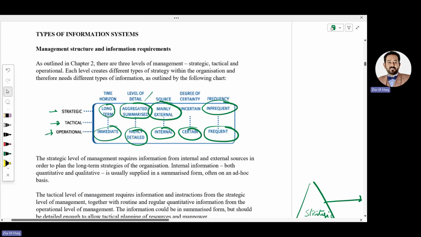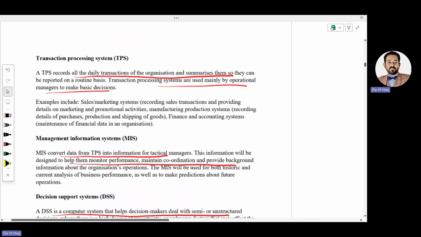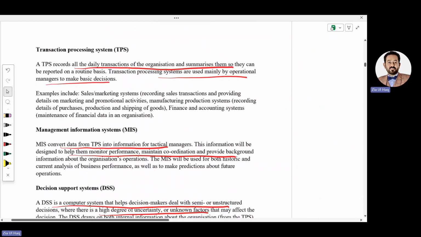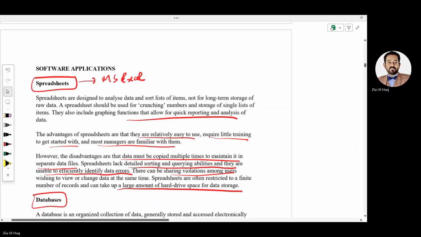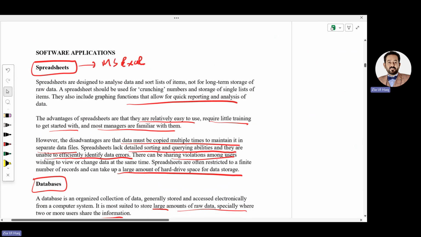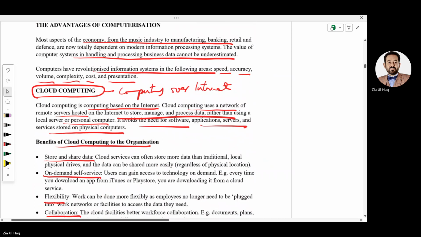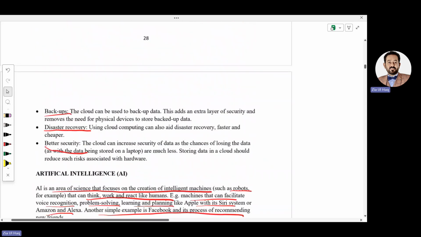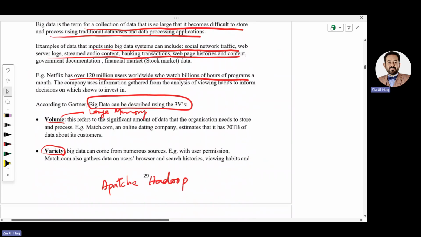The 3 levels of management information system, and different types of information systems used in organizations: TPS, EIS, MIS, DSS, and expert systems. And different software packages used in business organizations: spreadsheet, database, accounting packages. What is cloud computing? Its benefits: artificial intelligence, big data.